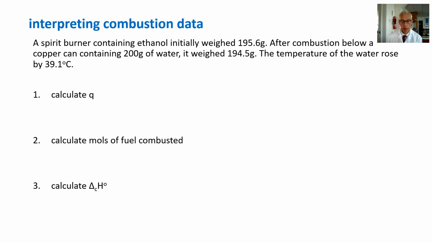So we've got Q equals mc delta T, of course. In this case, we've got 200 grams, which I'm going to keep in kilograms, so that's 0.2 kilograms of water, times 4.18, which is the specific heat capacity of water, and the temperature change is 39.1.